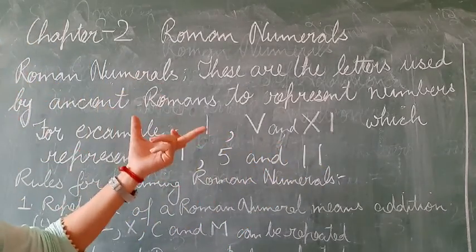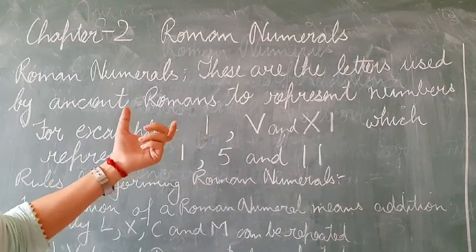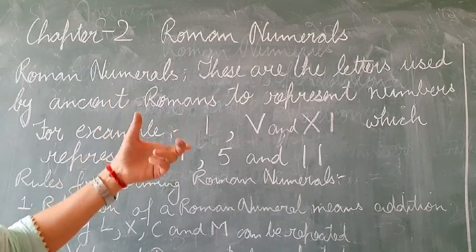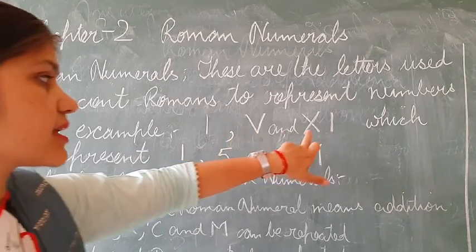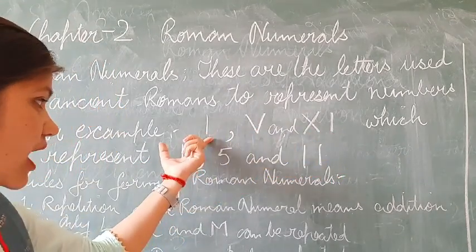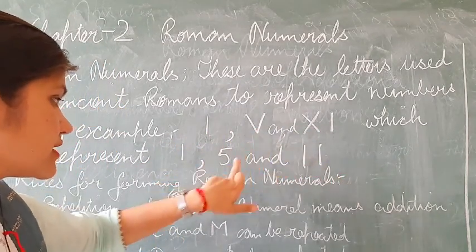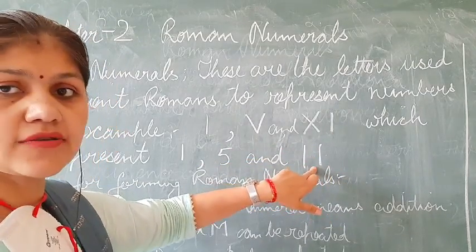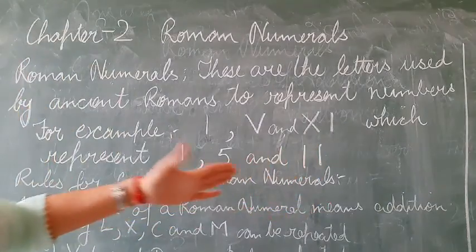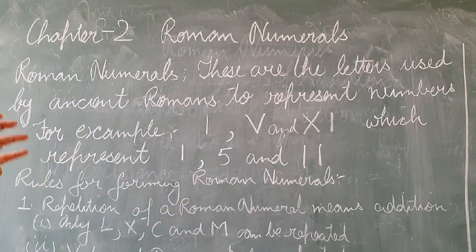These are the letters, English alphabets, which represent numbers. This is I, this is V, this is XI. This I means 1, V means 5 and XI is 11. Yes, students, this is the simple representation.